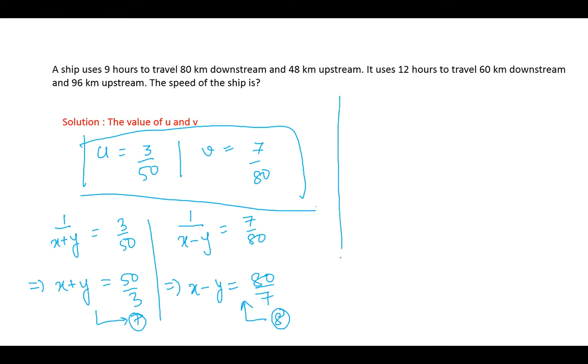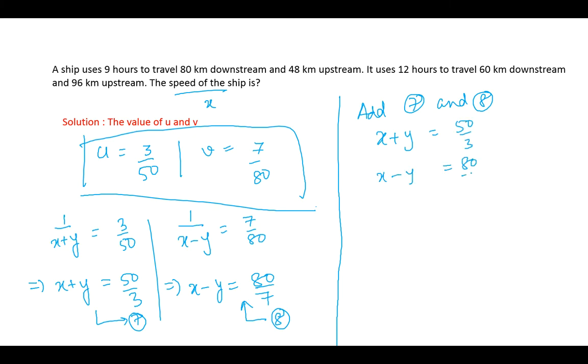Now to find the value of x, the speed of the ship, which we had taken as x, we just have to add equations 7 and 8. If you do that, you can easily see I have x plus y as 50 by 3 and x minus y as 80 by 7. If I add those two, my y gets cancelled immediately. So I have 2x equal to 50 by 3 plus 80 by 7.